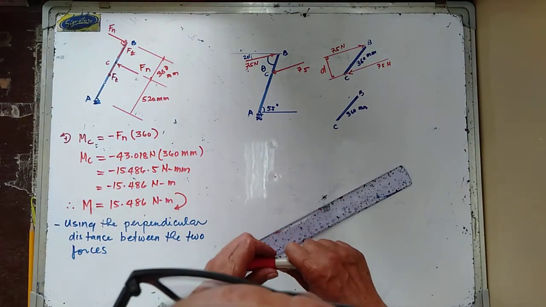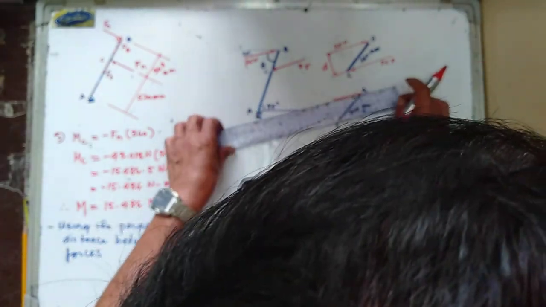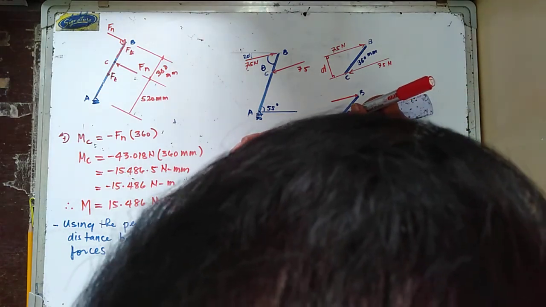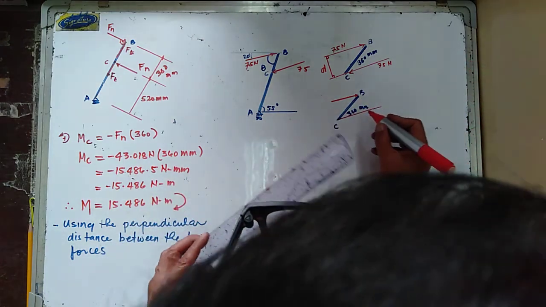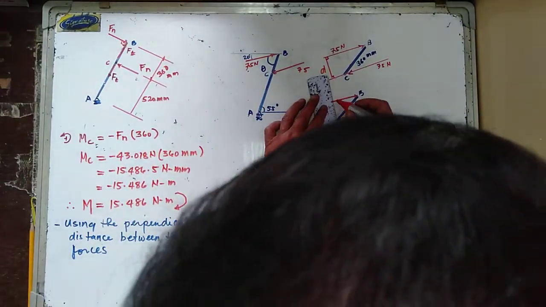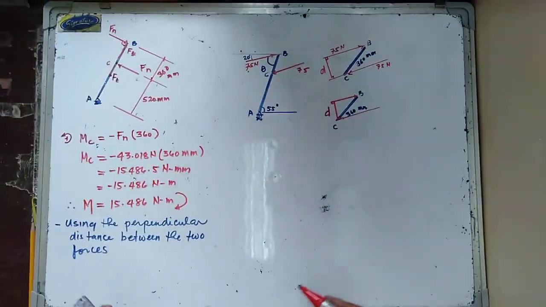So this is your 75 Newton force at that point, and at this point this is also your 75 Newton. Hence, this is the perpendicular distance between the lines of action. That is 90, and that one is 90, and this is now the distance D.